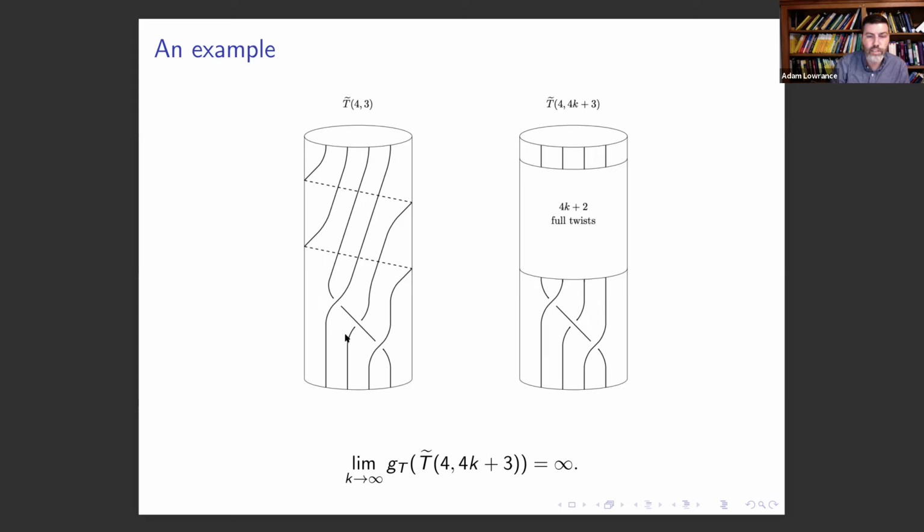What this gives you is a Heegaard surface where the knot is embedded on the surface in an alternating fashion. And if you take the complement of the embedding, you do get a disjoint union of disks that's checkerboard colorable. But because these knots are very similar to the (4,k) torus knots, you can compute that the Turaev genus blows up.